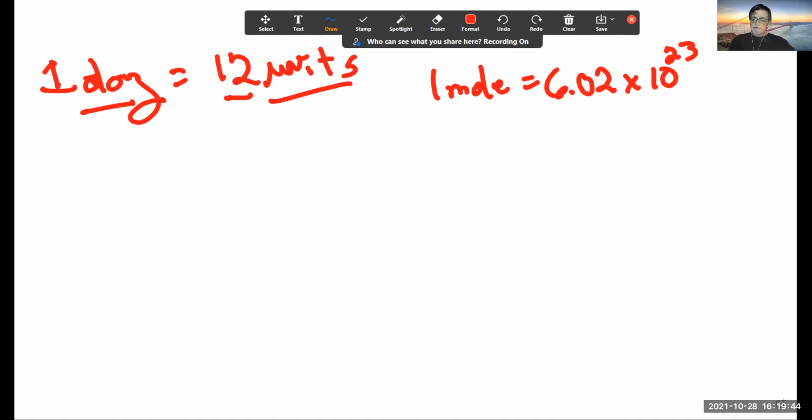It's specifically 6.02 times 10 to the 23rd. And I emphasize here unit, just like 1 dozen is equal to 12 units. It just happens to be a humongous number. I give you some examples to give you some perspective as to how big this number is. Take that decimal point, move it over to the right 23 times. That gives you an idea how big that number is.